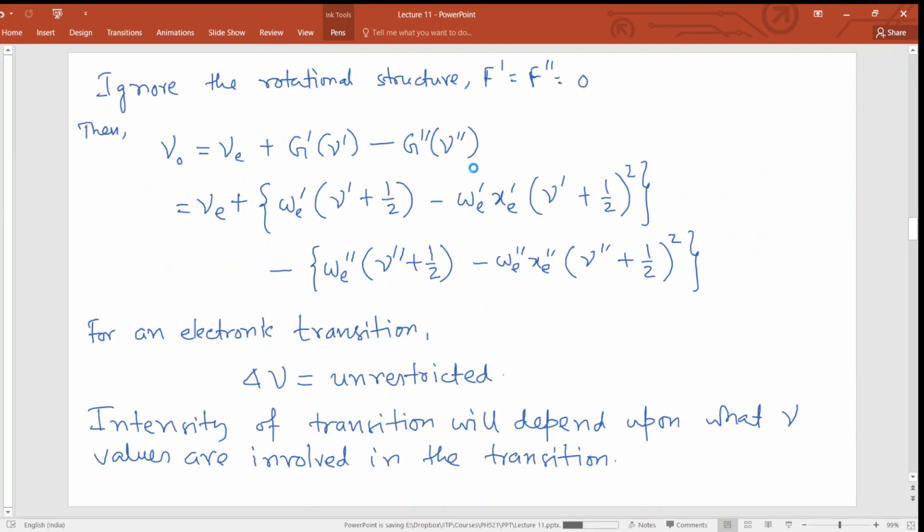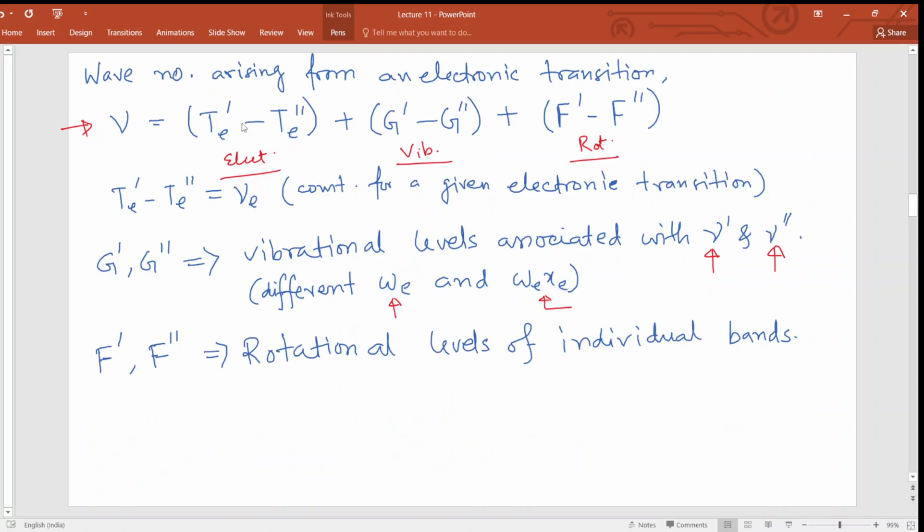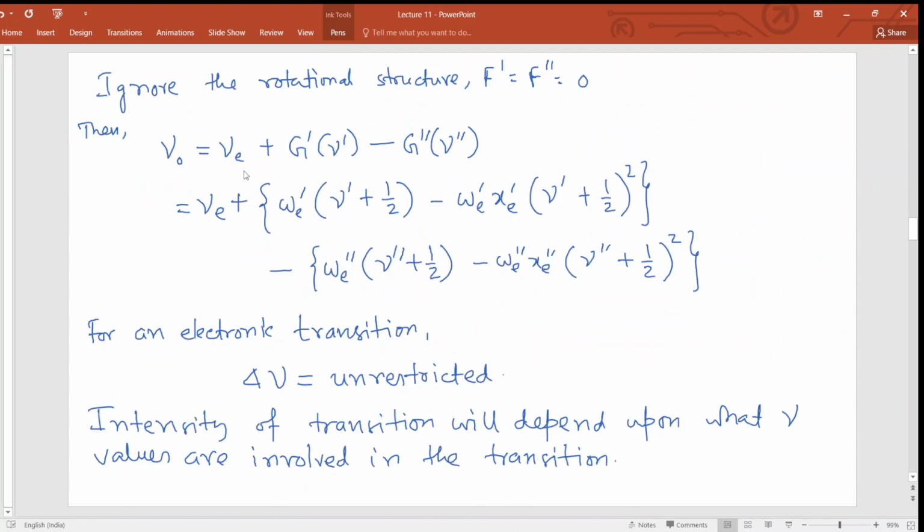Now, if we ignore the rotational structure, because usually the rotational energy levels are much smaller and usually do not change in this course of action, then we can write down nu 0 to be equal to nu e plus g prime minus g double prime. Okay, so nu e is basically Te prime minus T double prime, and that's why we are writing it as nu e, plus g prime minus g double prime.